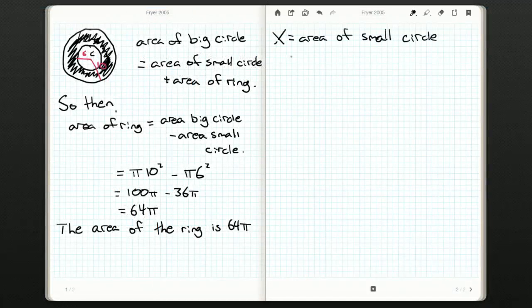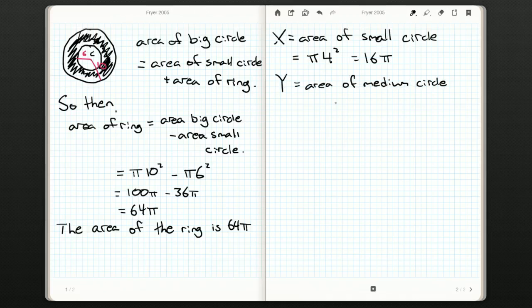So X is the area of the small circle. It's going to be pi 4 squared, 16 pi. So 16 pi is what we're looking at right now. And I suspect that this next one's actually going to be the biggest, just trying to work it out in my head. Y is the area of the medium circle minus the area of the small circle.